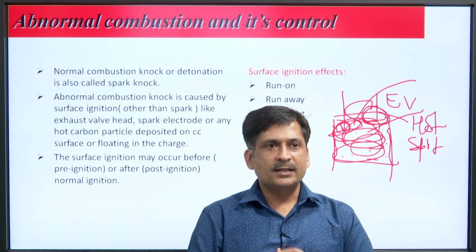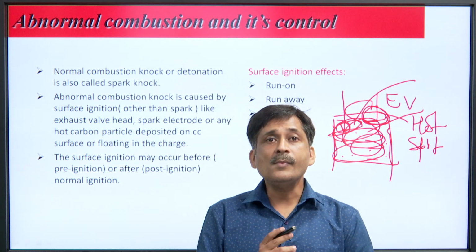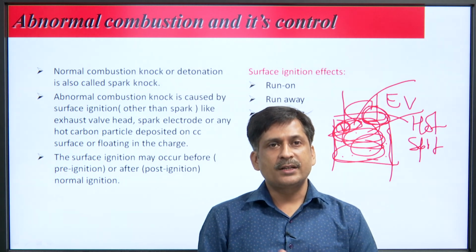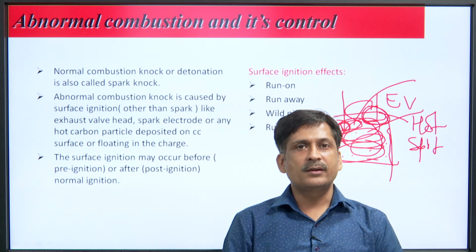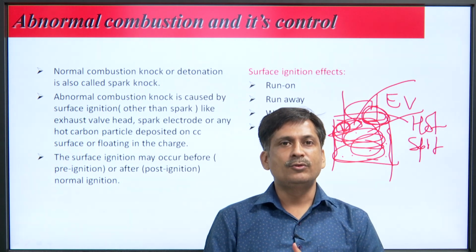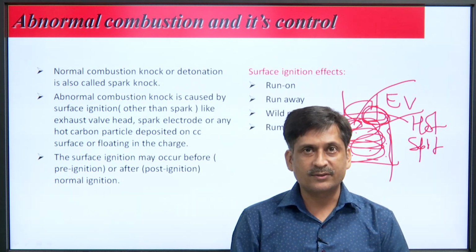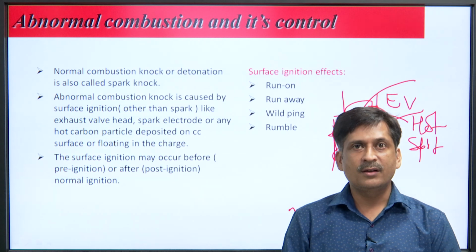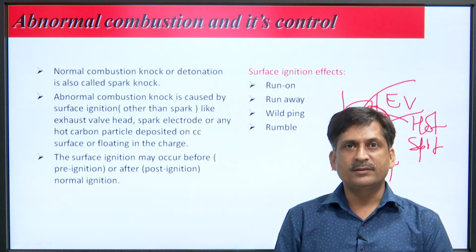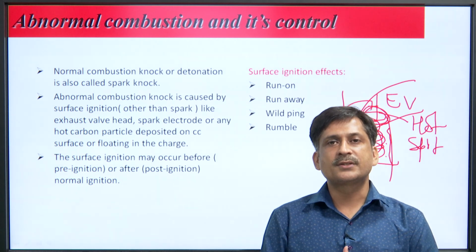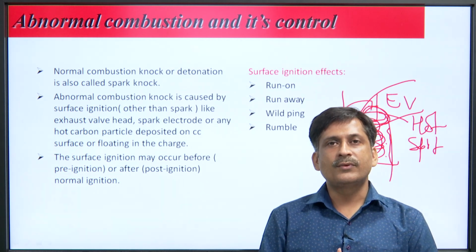So, surface ignition may occur before the normal ignition, as pre-ignition, or after it. These are the surface ignition effects: run on, run away, wild ping and rumble. These are also names of pre-ignition effects, called surface ignition effects.